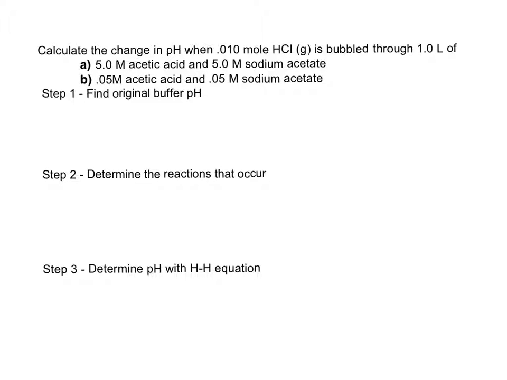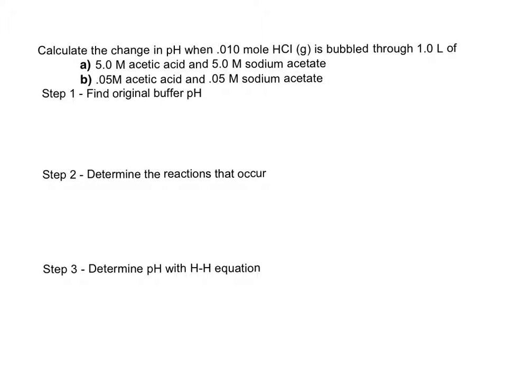So the way that you would do that is you would write out your equations: the dissociation of the sodium acetate and the dissociation of your acetic acid. So I'll do that maybe here.